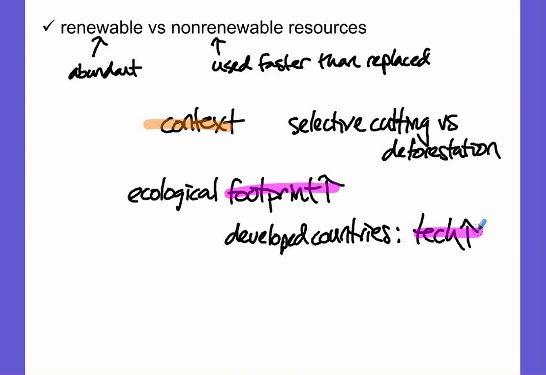So it's an issue regardless of where you're at. We do have a bigger footprint here in our country, but there's lots of people on this planet, and it wouldn't matter if you had a huge footprint or not. We're still going to run out of some resources eventually, so we have to deal with that. Okay, so that does it for this section.